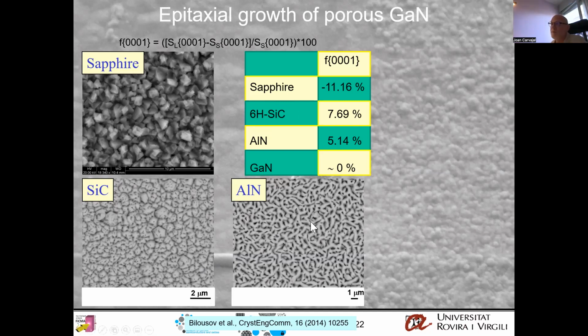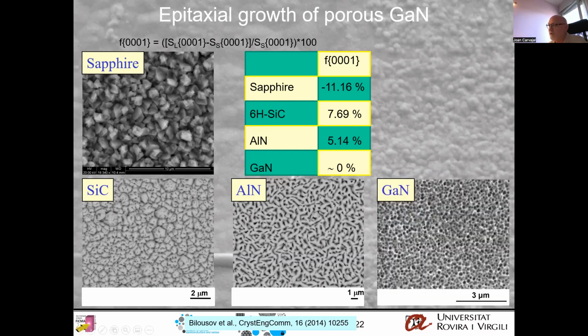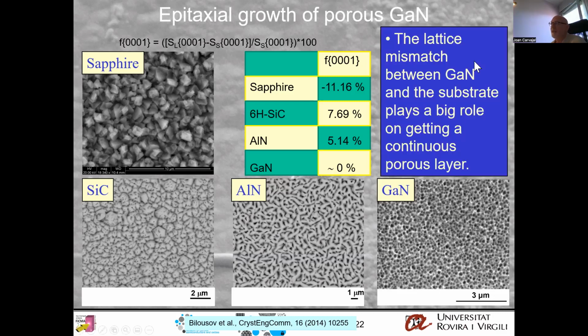And finally, we move to gallium nitride, in which we don't have any lattice mismatch with the structure, and then we obtain these nice porous epitaxial layers in which we cannot see the borders between the different particles, so it seems that it's a continuous layer. So the lattice mismatch between gallium nitride and the substrate plays a big role in getting the continuous porous layer that we want. And we still had to solve this thing that was happening with aluminum nitride.